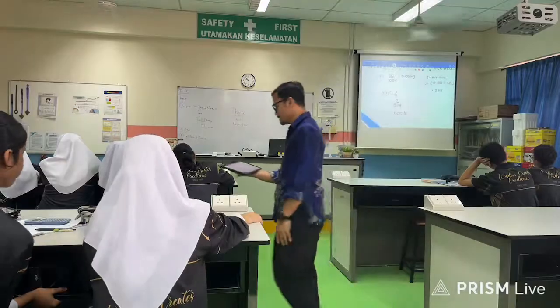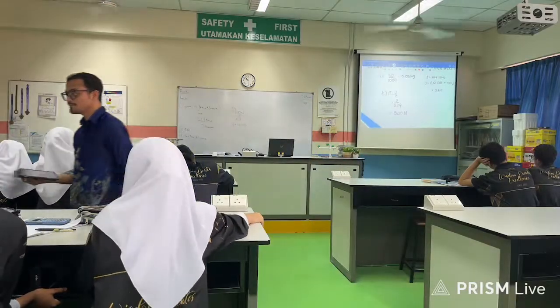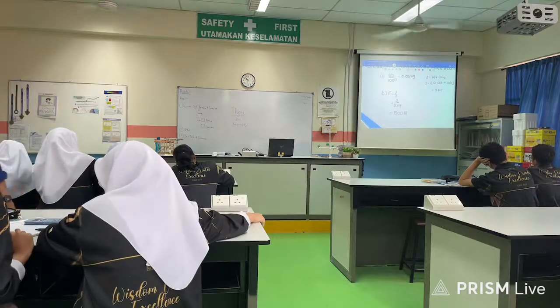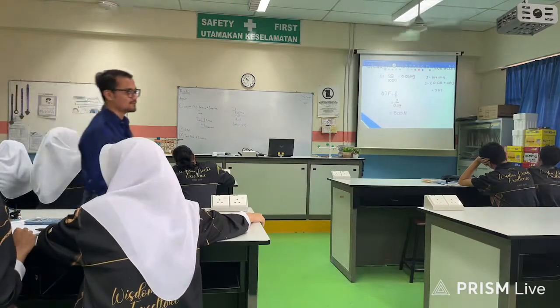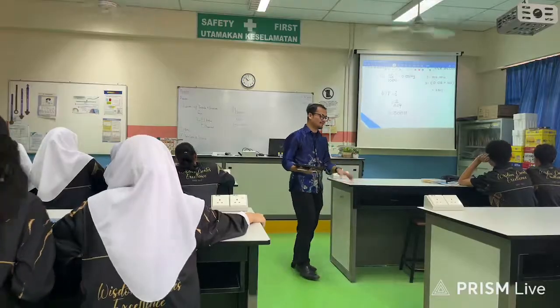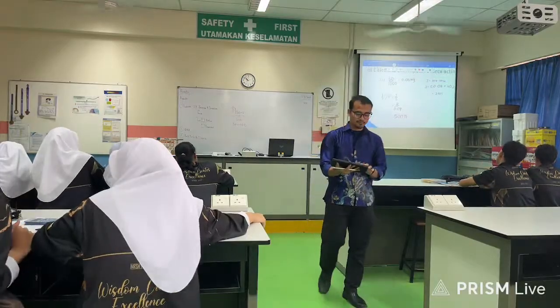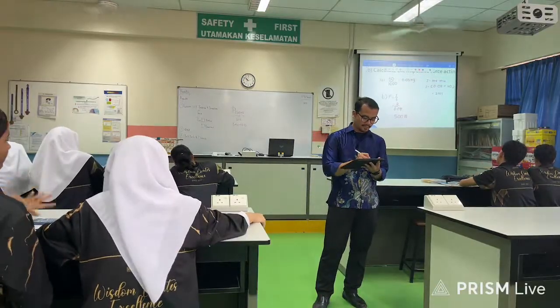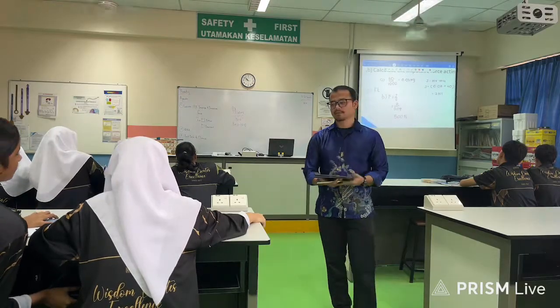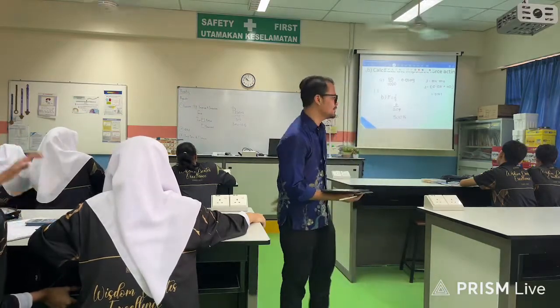Okay, class. So you get 500 Newton. Okay. So F equals J over t. From the original formula, J equals Ft, you derive and get F equals J over t.